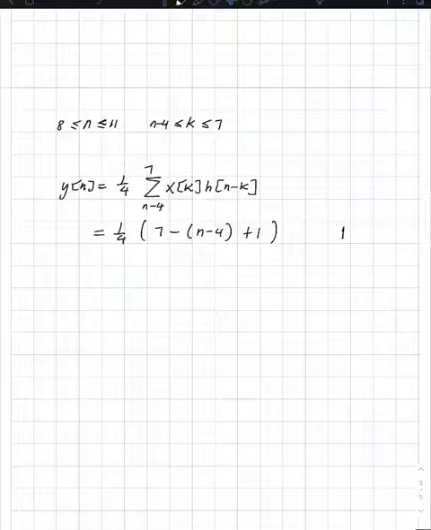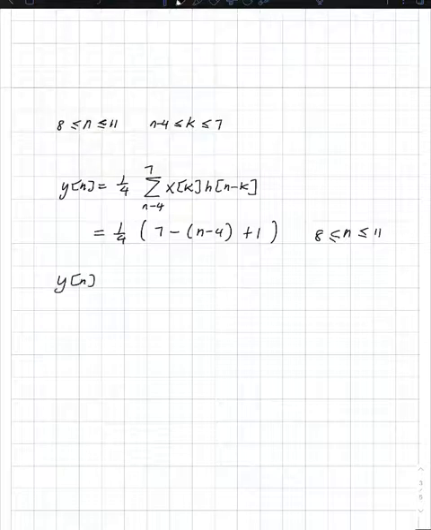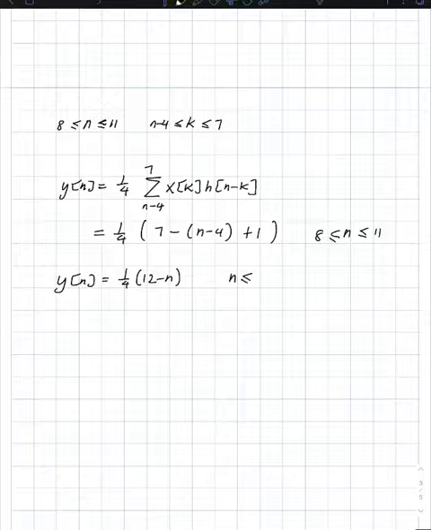Now the range of k is different than before. n is less than or equal to 11 and greater than or equal to 8. y[n] is 1/4 times (12 minus n), but the range of n is between 8 and 11.